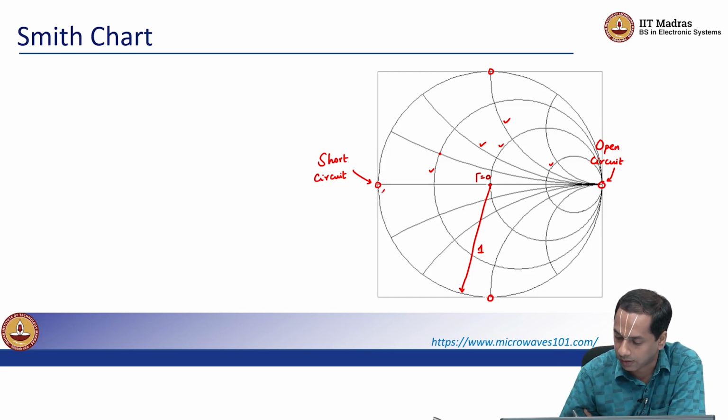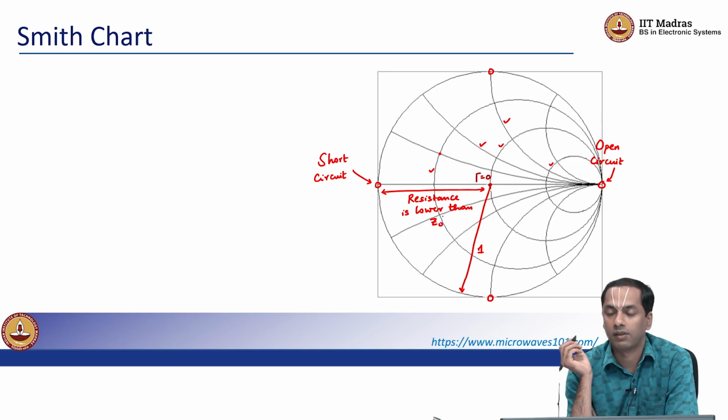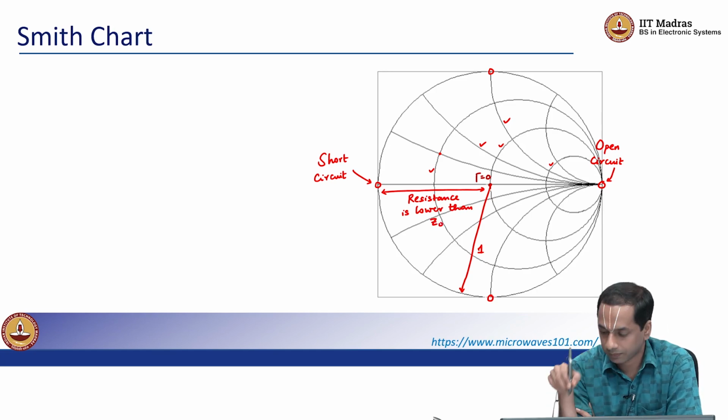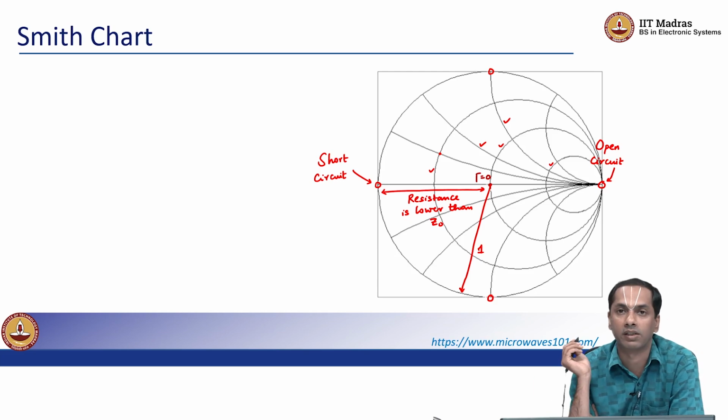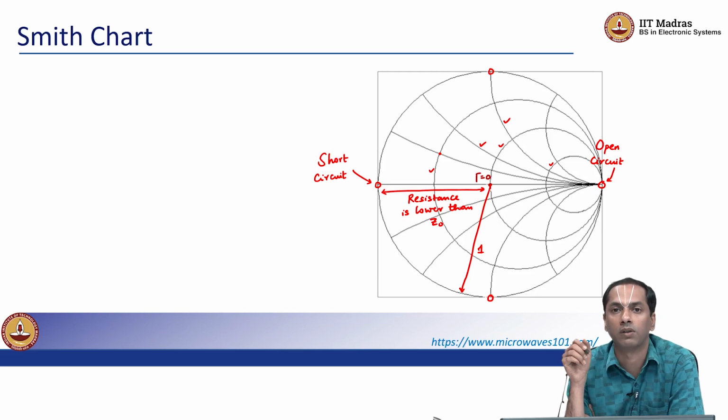I would say this segment's resistance is lower than the impedance Z0, and to the right of the gamma equals 0 point, there are resistances that are higher than Z0, right. So you can see that for resistances higher than Z0, the reflection coefficient will be positive, so gamma is greater than 0. Resistance lower than Z0, gamma will be less than 0, right.